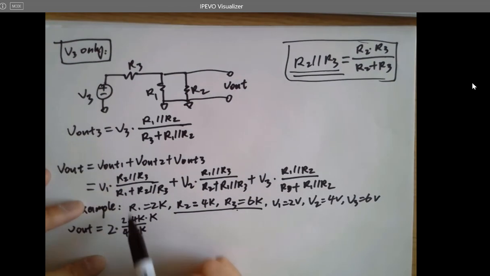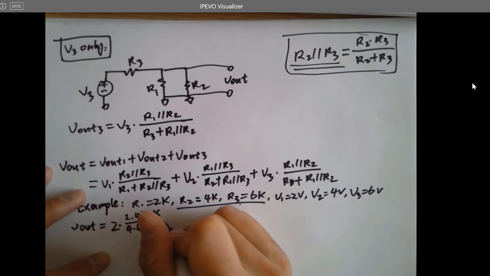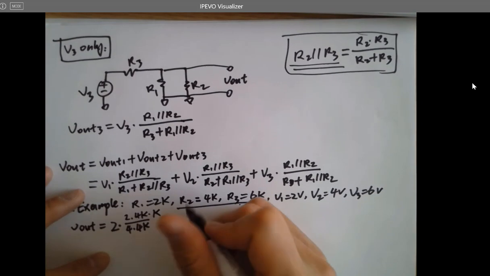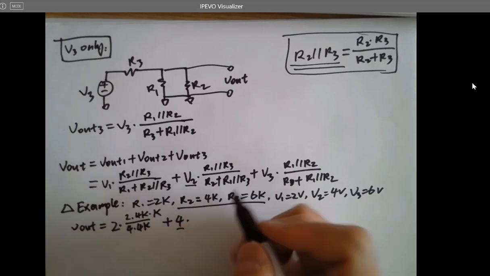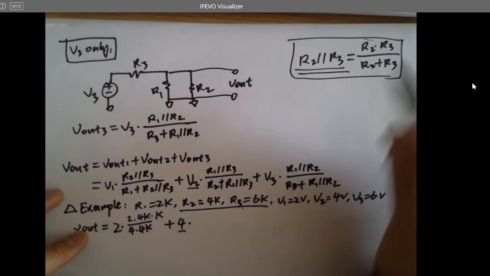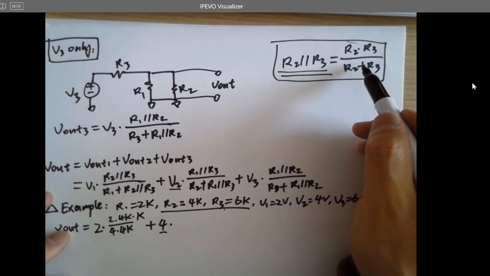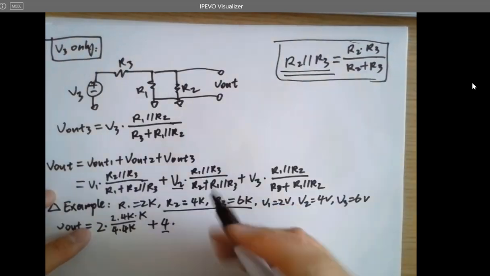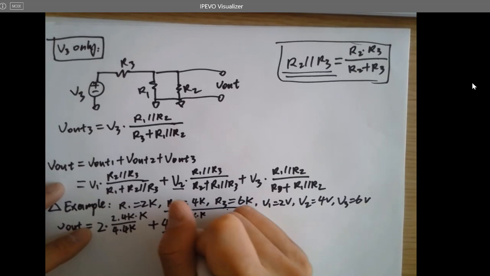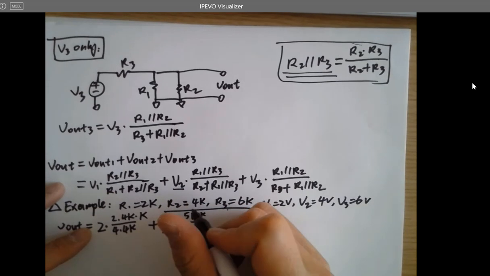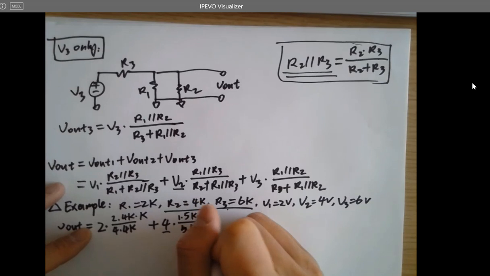So we are just plugging in the numbers, plus 4 volts, which is V2, times this part. Just do the calculation according to this equation, right? So you're getting 1.5K times K over 5.5K.